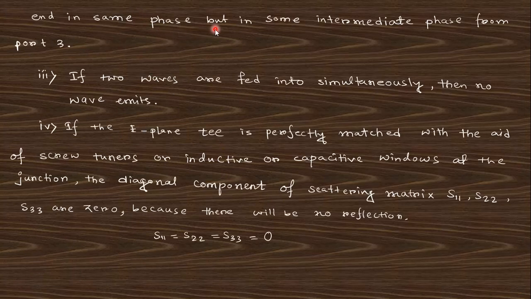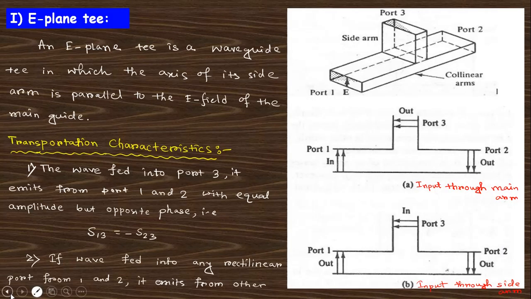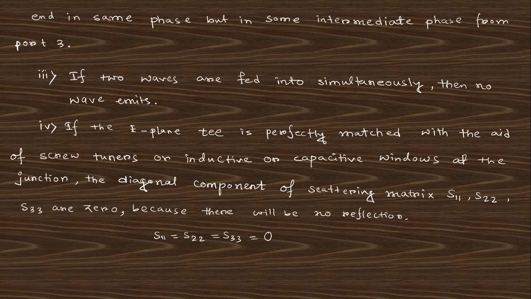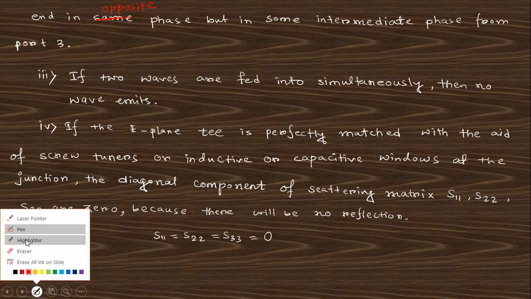In the same phase, but in the intermediate phase from port 3. Sorry, same phase is wrong actually. It will be opposite phase, the same thing, opposite phase, with the intermediate phase in port 3, right?